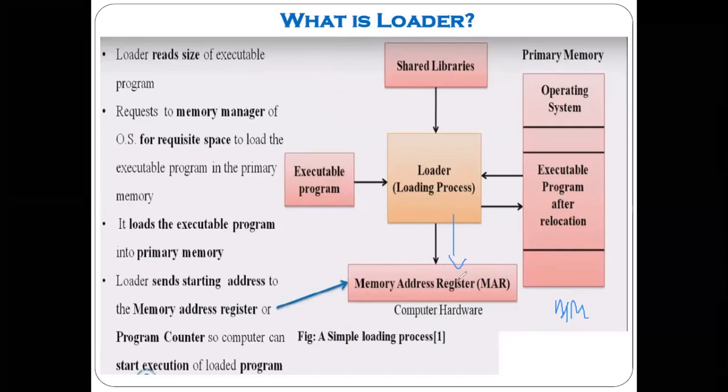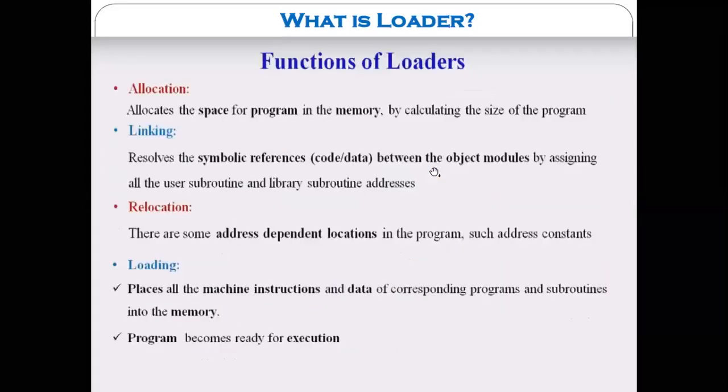So from where the execution should start will be determined with the help of that starting address. The loader sends the starting address to the memory address register or to the program counter, so the computer can start the execution of the loaded program. This we have also discussed in detail in the previous lecture.